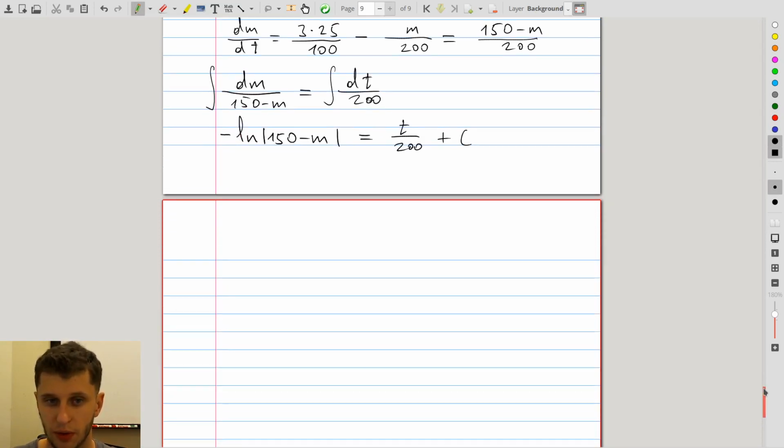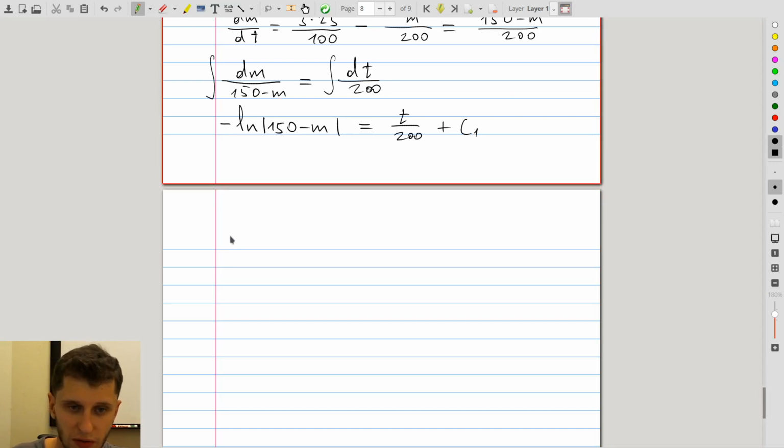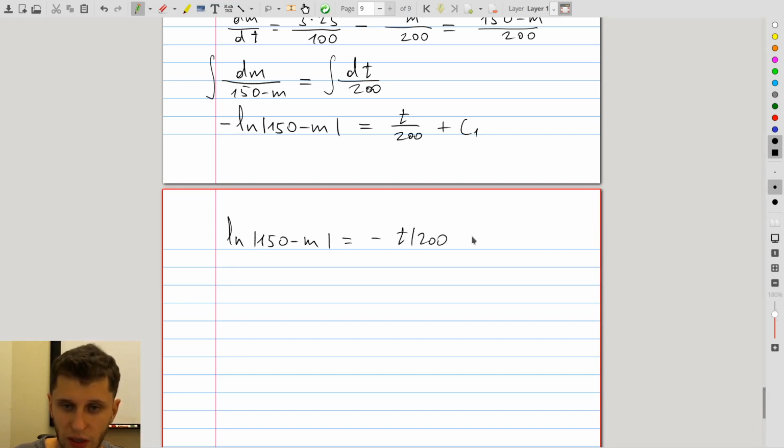Great. Now what I'm going to do next is pretty much the same as I did in the last problem and the one before that. I will multiply by -1 first, reassign the constant so that I have log of 150 minus m equals minus t over 200 plus C. So I write C in place of minus C1.